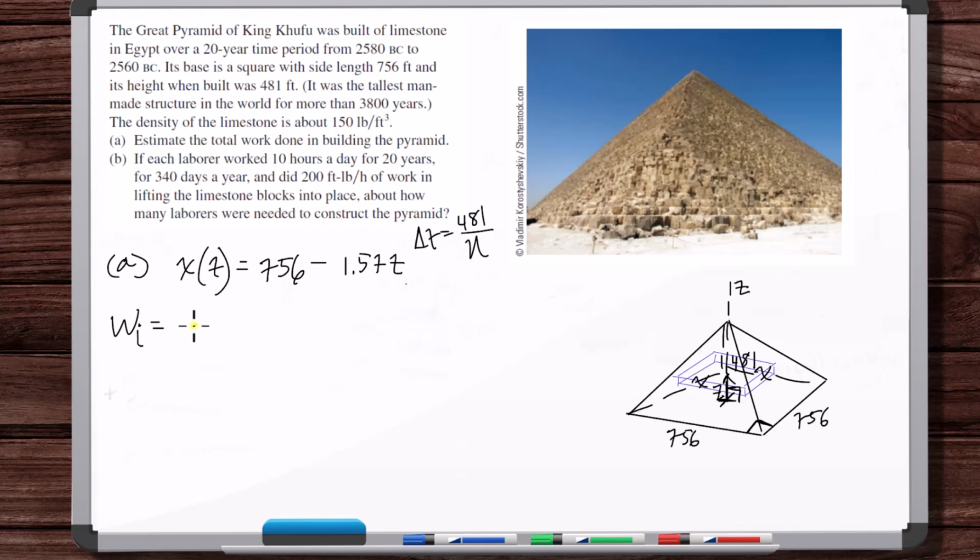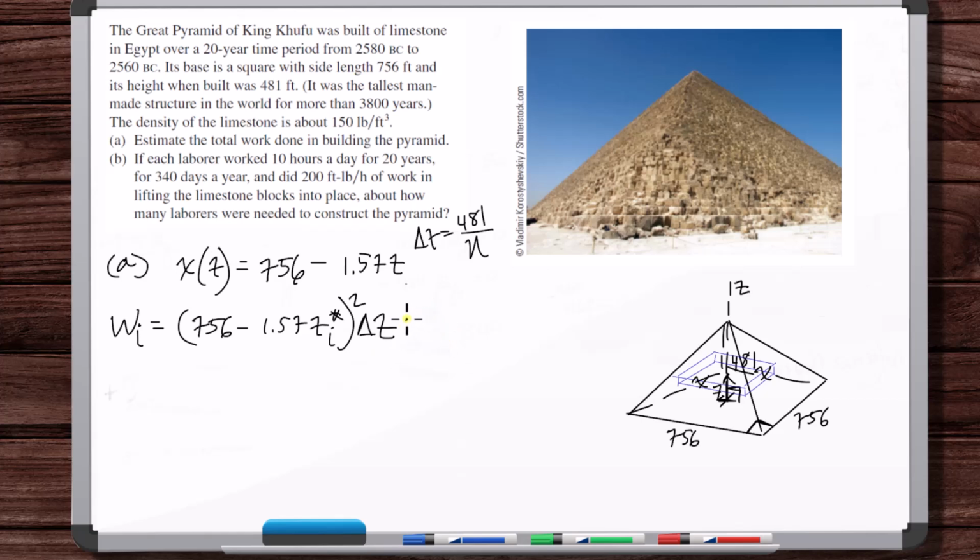We need to first get the weight of the limestone in this square prism here. So the volume is this squared, that's the cross-sectional area: 756 minus 1.57 zi star, this squared, times delta z.